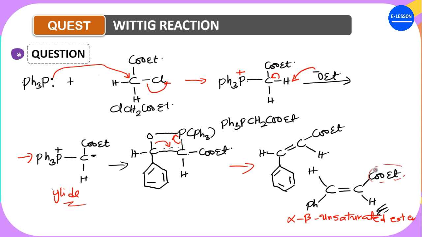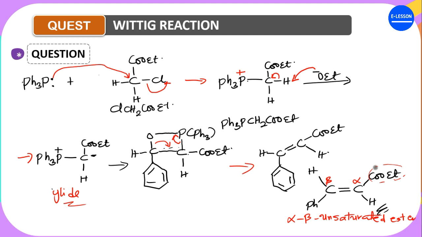The carbon after the ester functional group becomes the alpha, while the one close to it becomes the beta. So you see that between alpha and beta there is a double bond. So we call it alpha beta unsaturated ester. Between the alpha and the beta carbon there is a double bond. Are you getting it now?